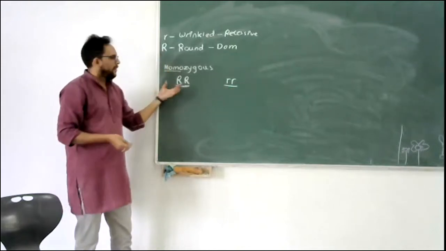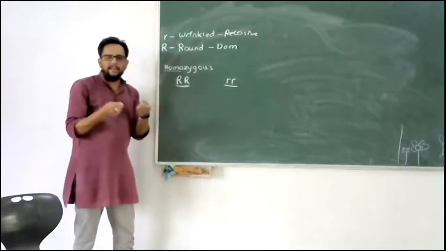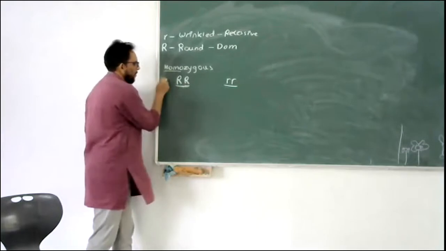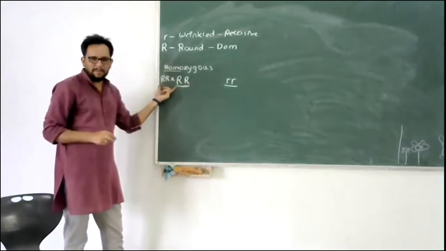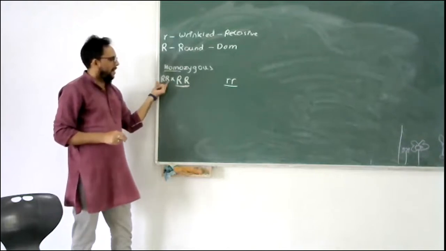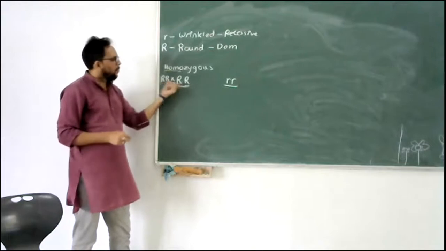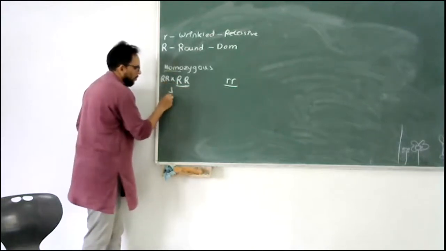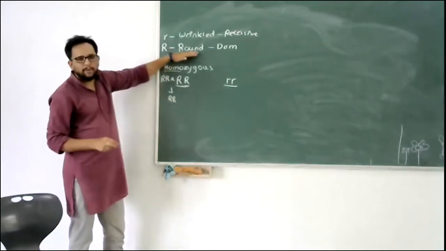That means if you cross this plant, if you allow it to fertilize with the same type of other plant which also has the same phenotype, that is capital RR crossed with capital RR, both homozygous dominant, it will always produce all the seeds which are round.